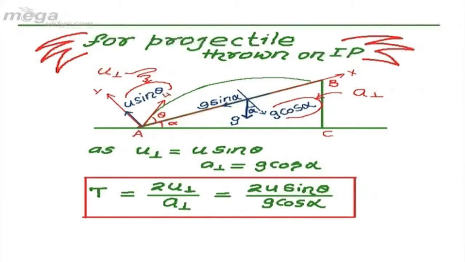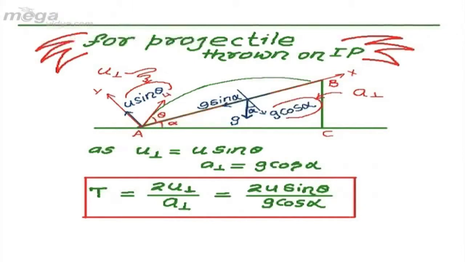So I am taking u perpendicular as u sine theta, and as g is vertically downward, its one component, which is g cos alpha, will be perpendicular to the plane over which this projectile has been thrown.